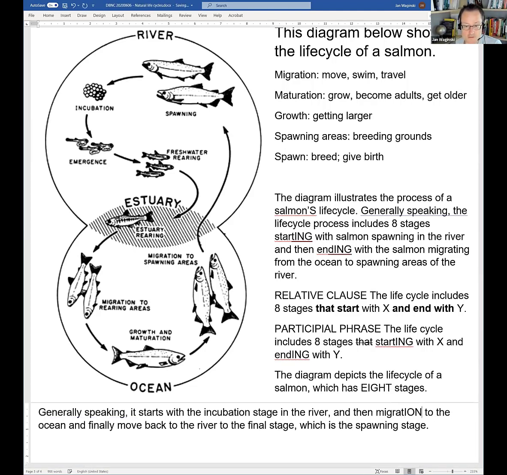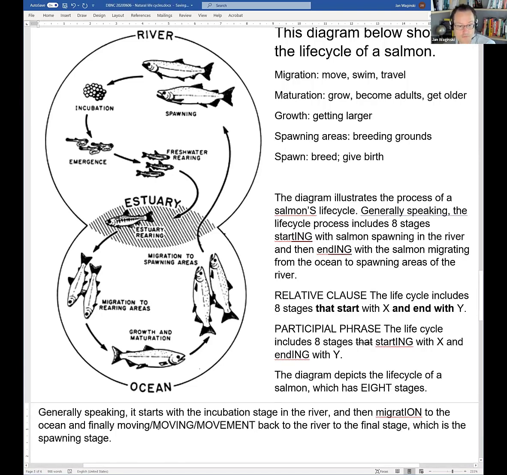It starts with the incubation stage in the river, and then migration to the ocean, and finally moving back to the river. Moving back is okay, or movement back. Finally.